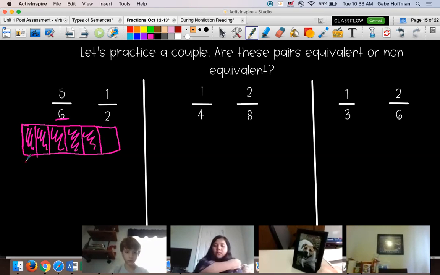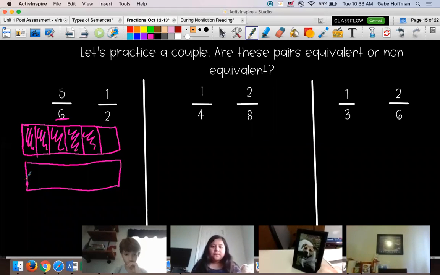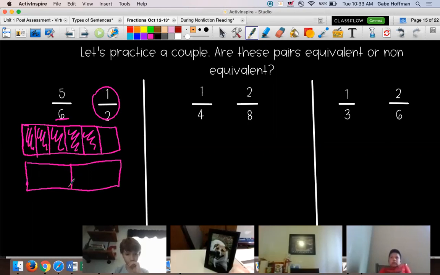So then I'm going to draw the same size whole down here. And Guadalupe, how many equal parts am I going to divide the next one up into if I'm doing 1/2? 2. Yep. And CJ, how many will I shade in? 1, I saw your hand.